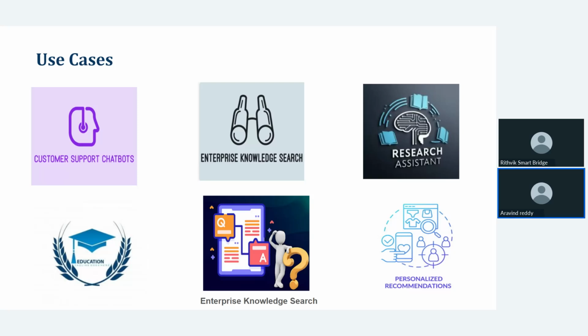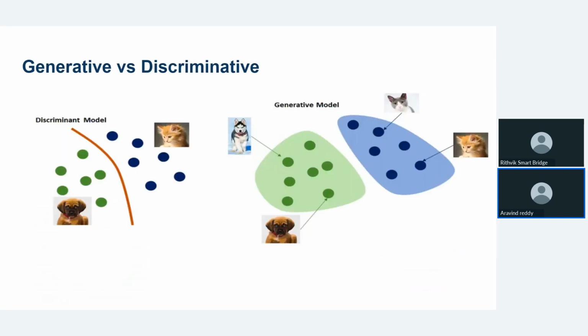Okay, let's continue now. What is meant by generative AI and discriminative AI? We have already discussed this, right? Again, I'm going to revise it once more.